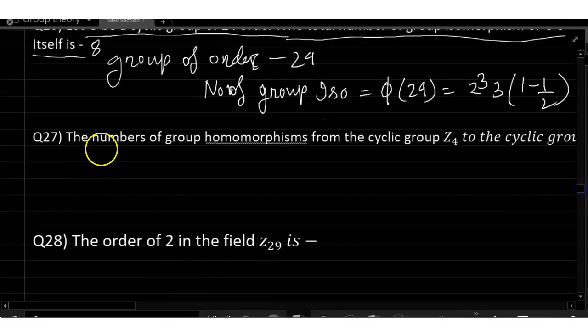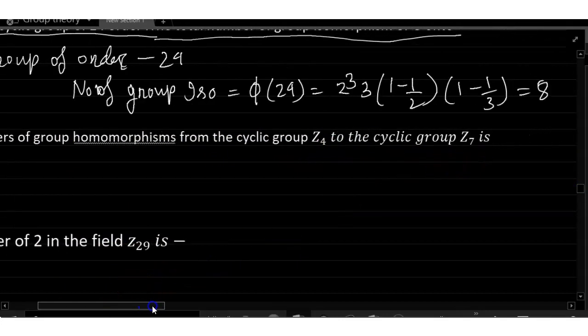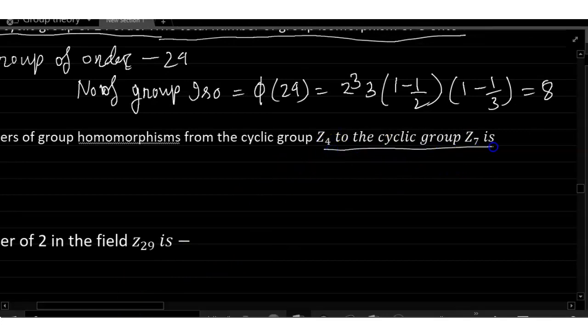Next. The number of group homomorphisms from the cyclic group Z4 to the cyclic group Z7.